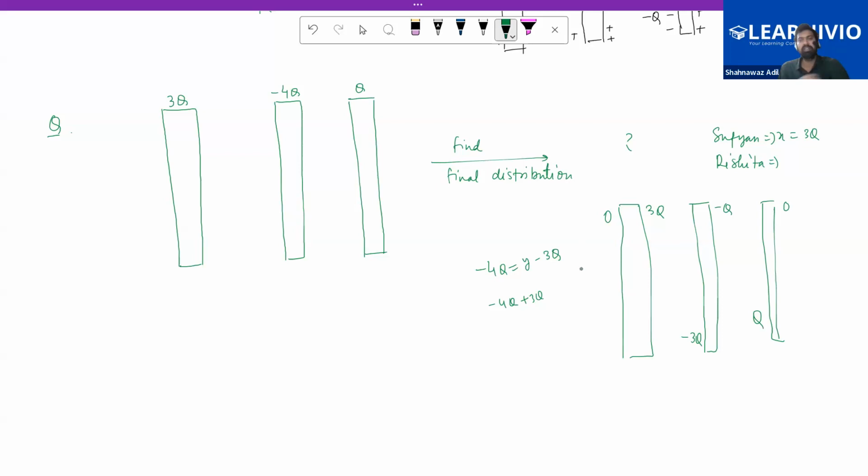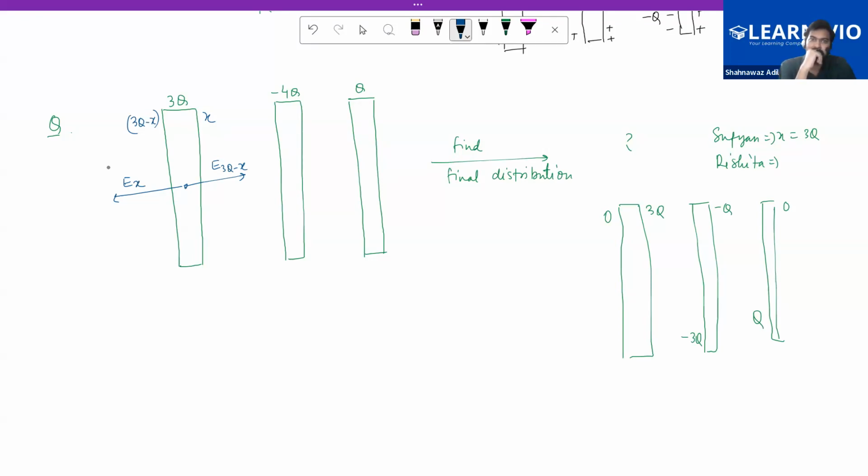Let's do this question simultaneously. Let's take this point and count the contribution of the electric field. Let's say this is X, so the electric field would be this side. This is 3Q minus X. Now, due to this one, the electric field would be towards or away?